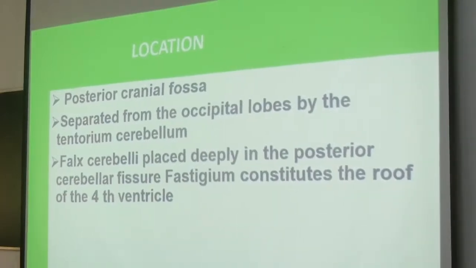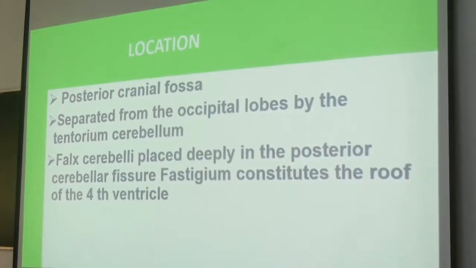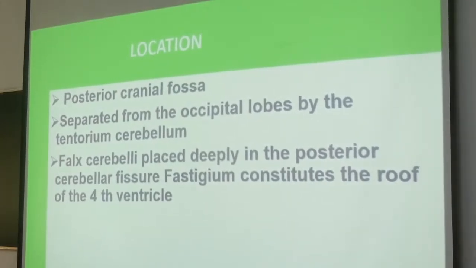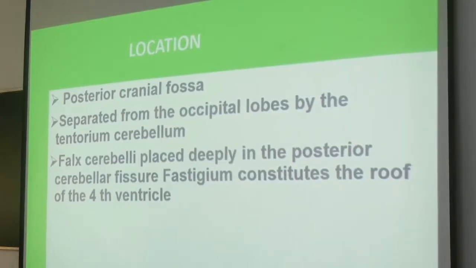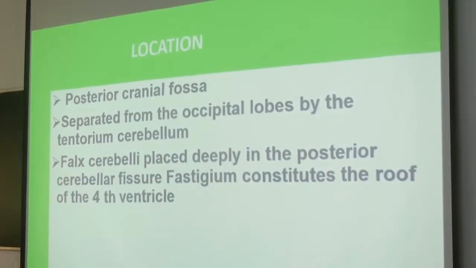What is the continuation of the falx cerebelli? We already know the meninges covering the cerebellum is known as the falx cerebelli. The falx cerebelli is placed deeply in the posterior cerebellar fissure. Which fissure are they talking about?